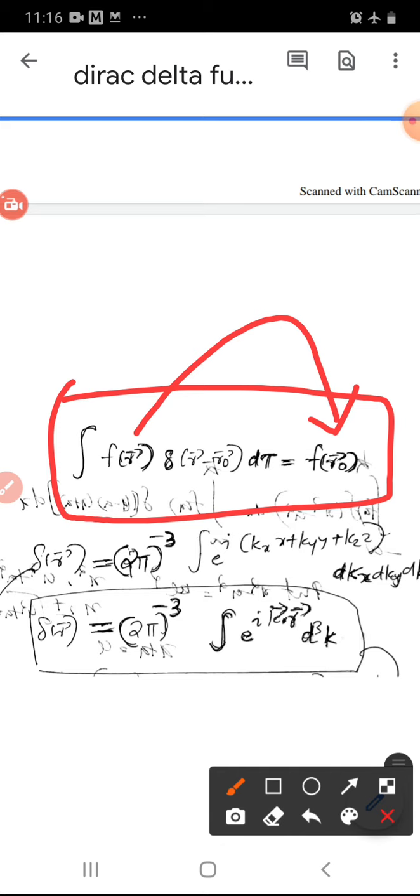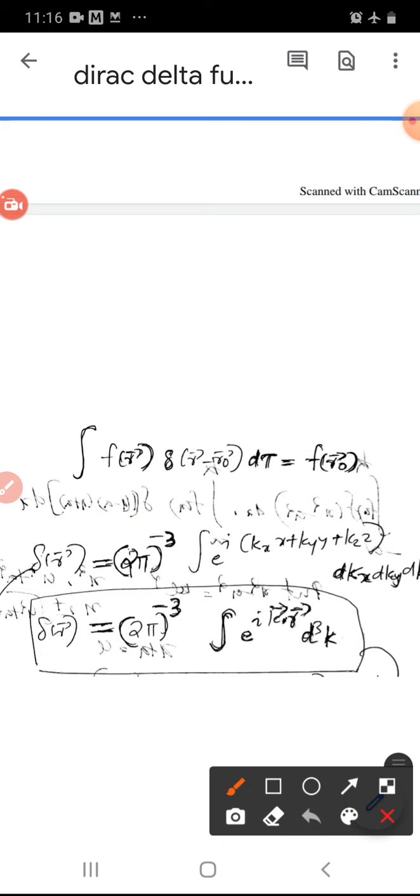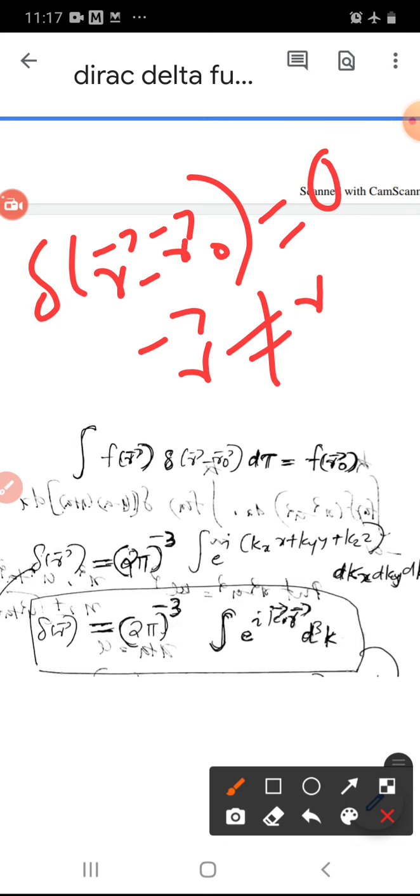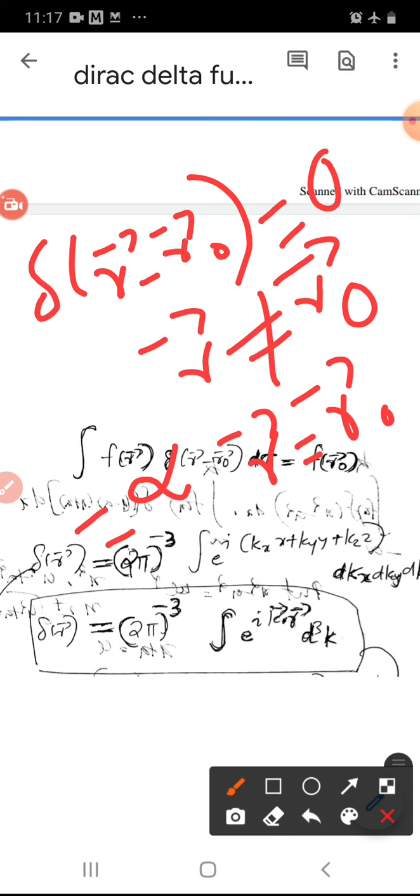This also we had before. So as we had in the case of delta x minus a, the properties are like this: delta r minus r 0 is equal to 0 for r not equal to r 0, and it is infinity when r equals r 0.